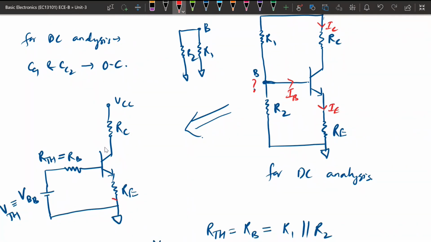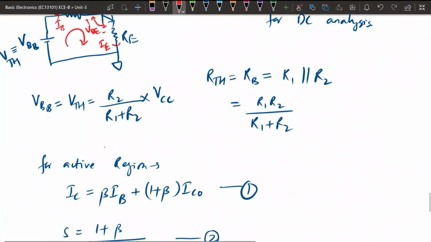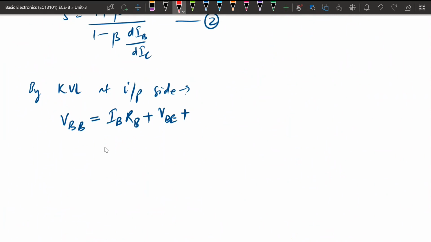This will be the IE, this is your IB and this is your IC. So from the input side, VBB will be IB into RB plus the base to emitter voltage VBE, plus the emitter current multiplied by the emitter resistance, because there is a voltage drop across it also. So it will be plus IE into RE.